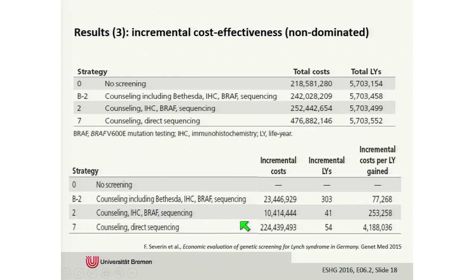Then for the next expensive strategy, you gain another 41 life years at another cost of 10 million euros, which is already less favorable, of more than 250,000 euros per life year gained. Then if you choose to sequence everyone at the current test cost, you can gain another 54 life years, but add another more than 200 million euros from a healthcare system perspective.